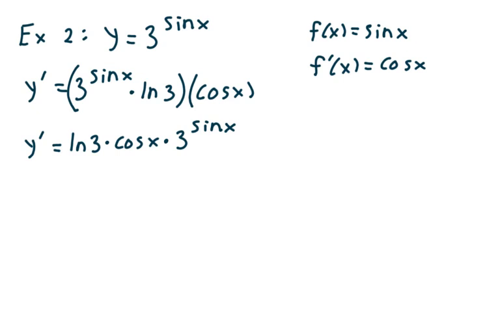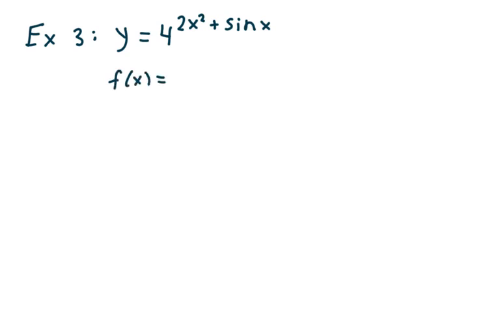And let's do one more example for this video. So we'll call this example 3. Suppose y equals, we'll say, 4 to the 2x squared plus sine of x. So we can add two functions for that exponent. That's fine. Now in this case, f of x is equal to 2x squared plus sine of x. F prime of x is 4x plus cosine of x.